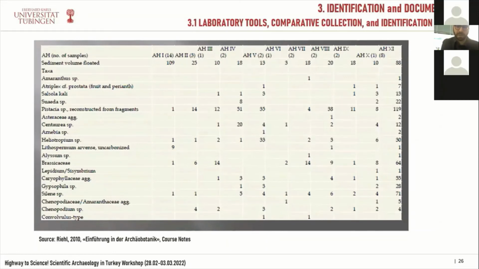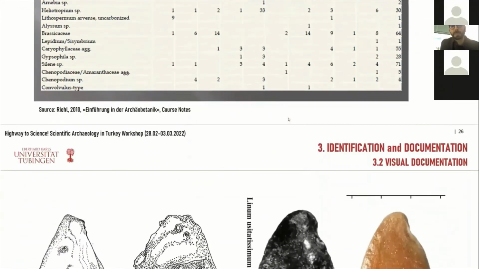You know that if you identified Amaranthus sp, this means that you were able to identify until genus level. However, here you can see if you identify Salsola kali, this means that you identified to the species level. So we just count them and we make this type of sheets.